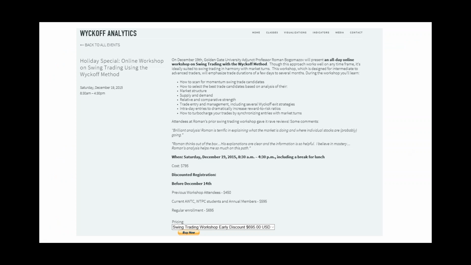On December 19th, next Saturday, the whole day, we are going to go through the swing trading analysis by Wyckoff. This is definitely a very popular product that we have because, for those of you who swing trade, we're going to look at all of the elements of the selection. How do we select the stocks for your swing trades? How do we actually recognize that those are good selections?